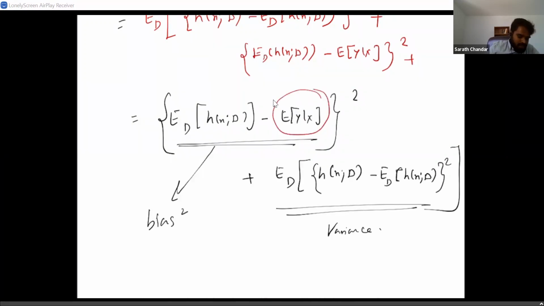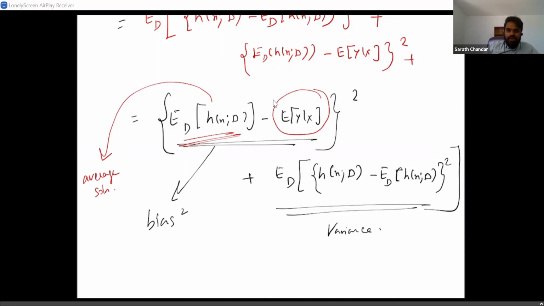Now, what does this term mean? This term means what would be the expected h function that I could get from this model, where the expectation is over all possible data sets. In some sense, this is the average solution where the average is taken over multiple data sets.